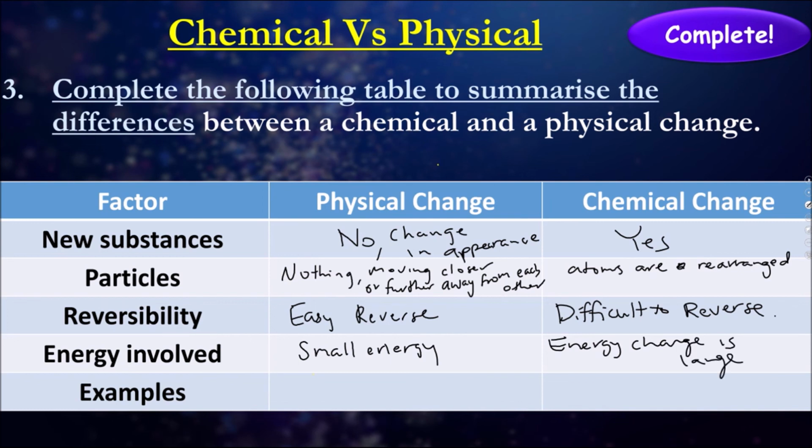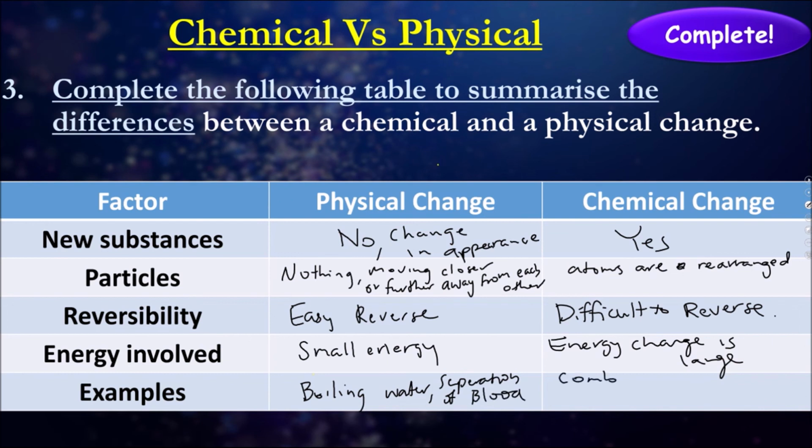What are some examples of a physical change? Well, we've been talking about this quite a bit, but boiling water. You could even say things like separation of blood. What is a chemical change? Well, we talked about it.